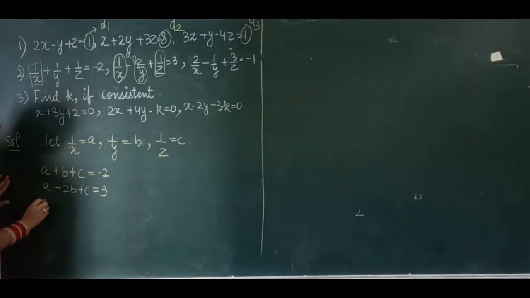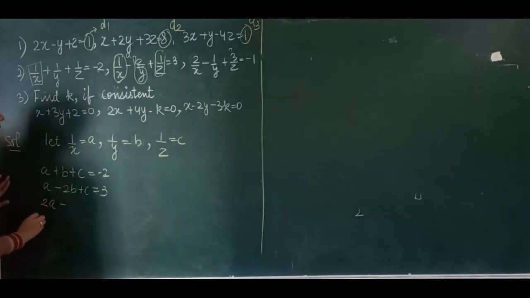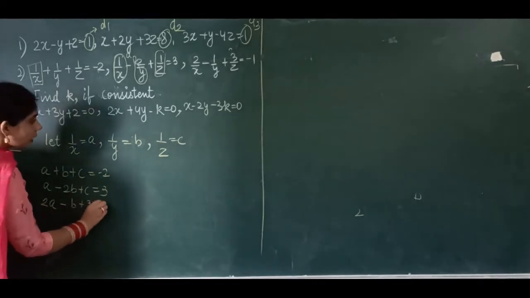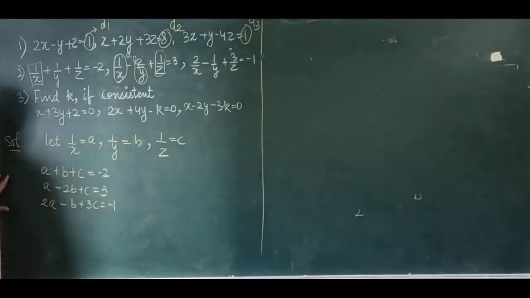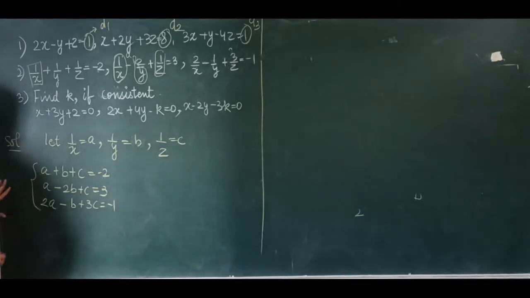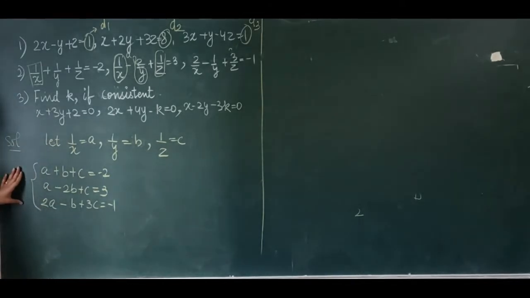So the next will be 2a minus b plus 3c equals minus 1. We have done this to form the equations like these. Now it is easy to solve the equations and there will be no confusion.